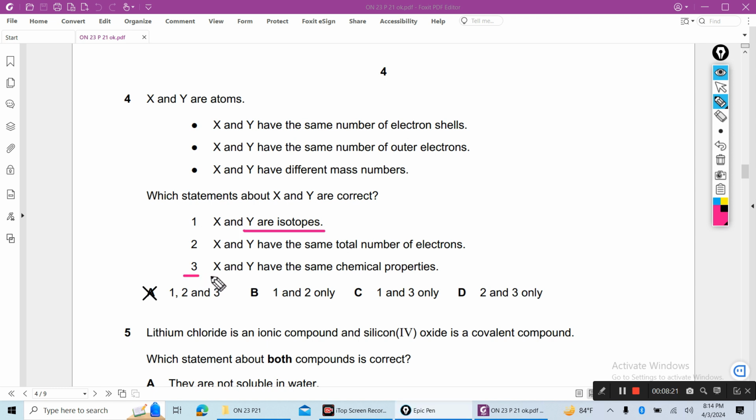Now 3, X and Y have the same chemical properties. This is also true because X and Y have the same number of outer electrons. Chemical properties depend upon the number of electrons in the outer shell. So A is the right answer. 1, 2, 3 all are correct.